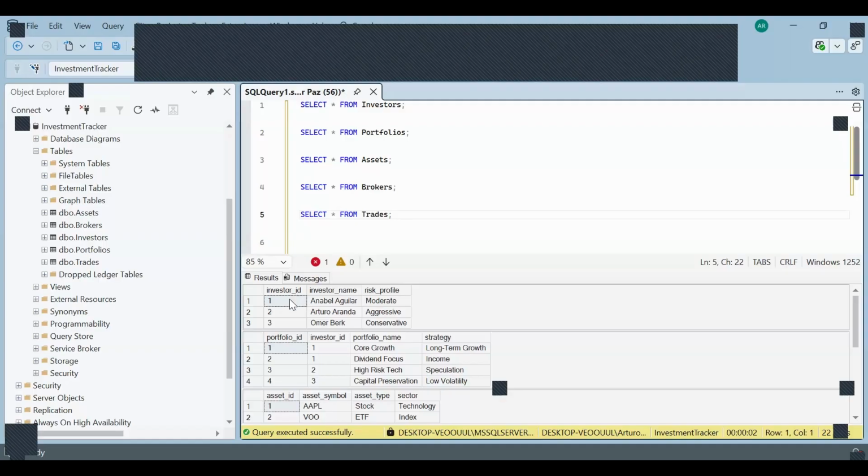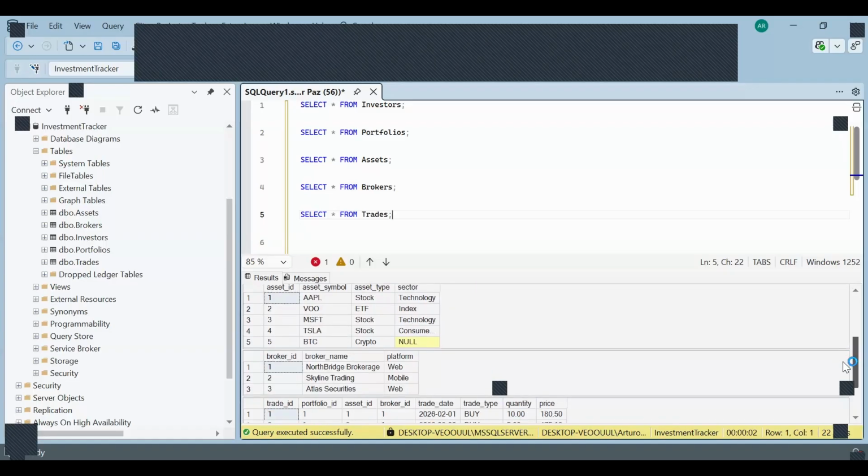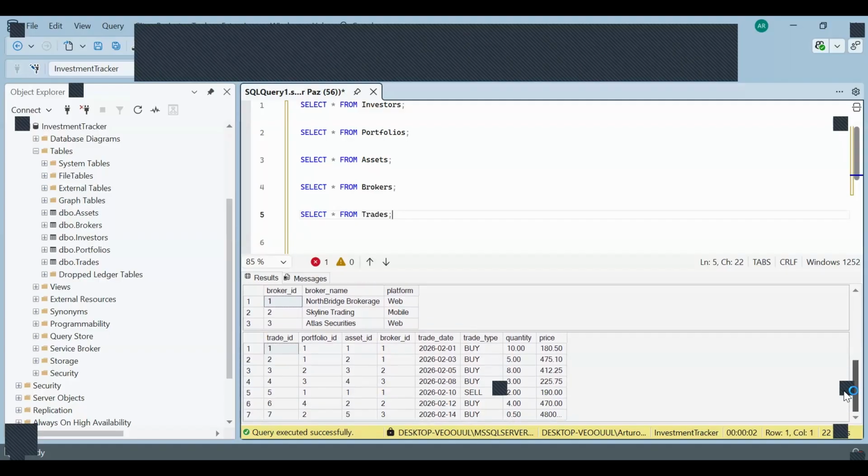Basically, for, let's say, investor one, which is me, we have two different portfolios. One is named Core Growth, the other one Dividend Focus. And then for the asset ID, different assets, and then the different brokers that exist.